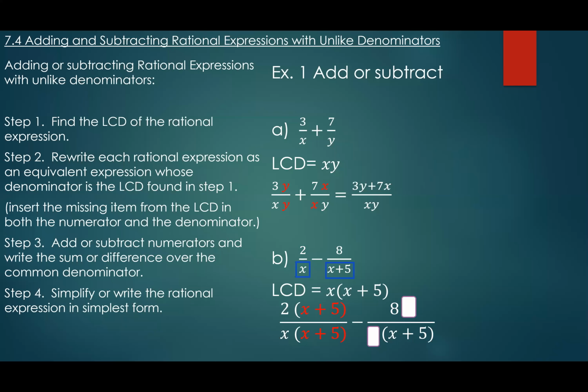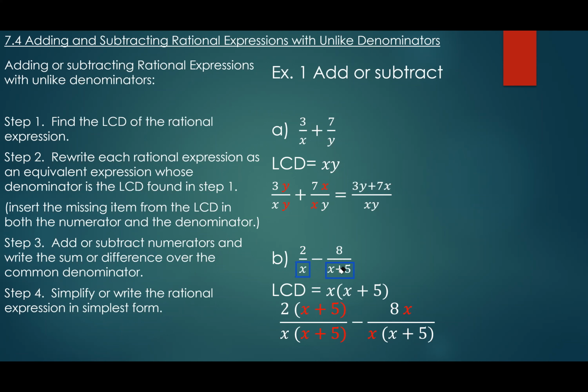And now in the second item, I have 8 over x plus 5. What am I missing? Do you see that I'm missing just a plain old x? I'm missing just an x because my LCD is x times x plus 5. This is my LCD.